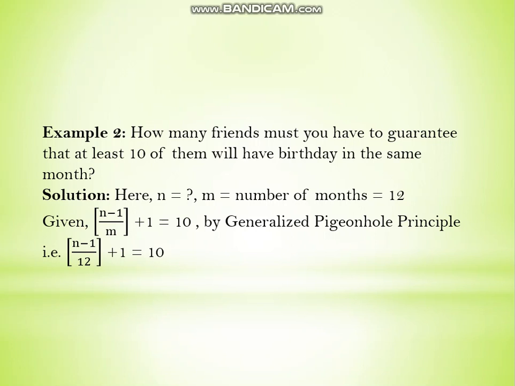So here we want to find the integral part of (n minus 1) by m, plus 1, which is equal to 10, because we are given the number 10. By the generalized pigeonhole principle, that will be the answer. 10 minus 1 is 9, then into 12, and then plus 1.